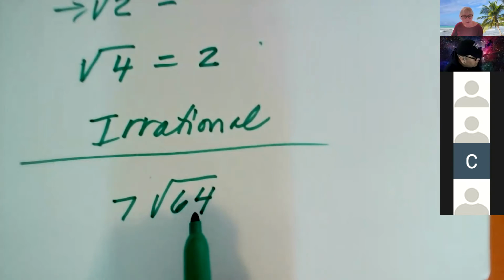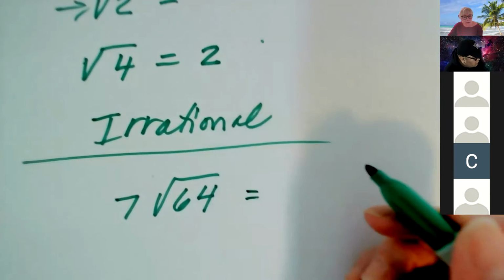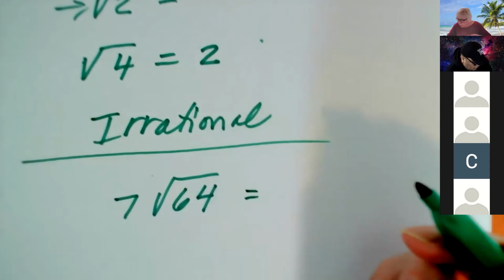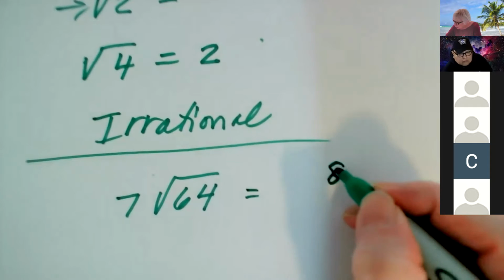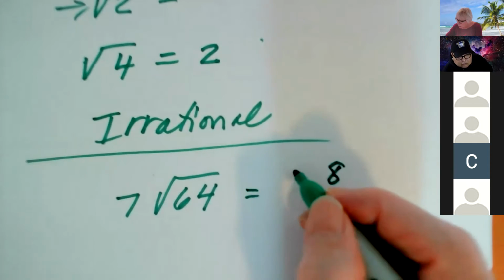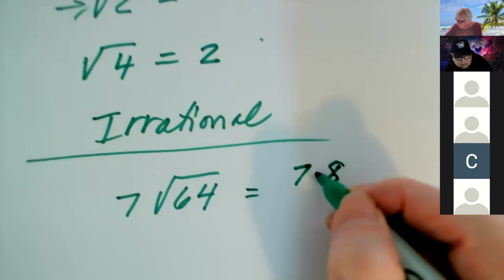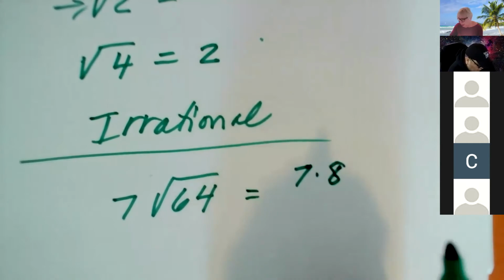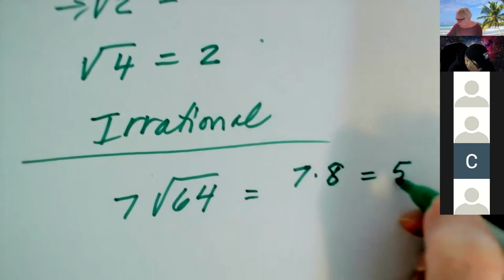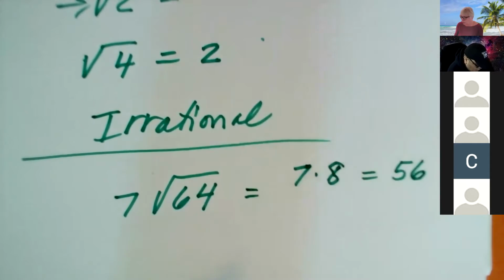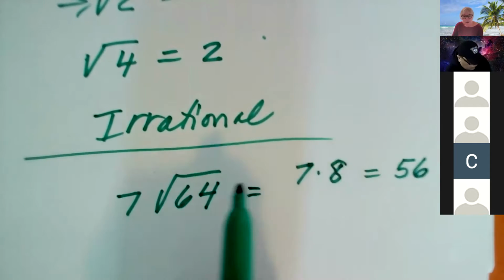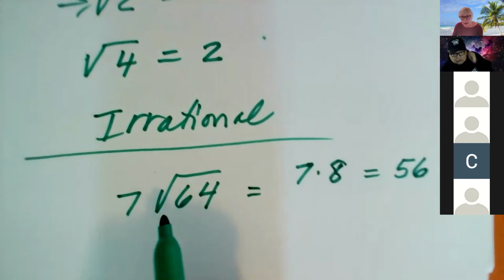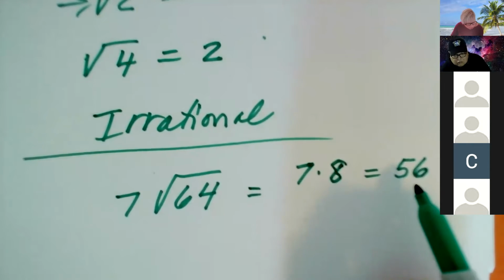If you know the square root of 64 is 8, and this is a 7, you'd have to put a dot there or parentheses, because otherwise somebody would think it's 78. So that answer is 56. You see how this number is so much better than that? What a mess. This is the one you want, okay?